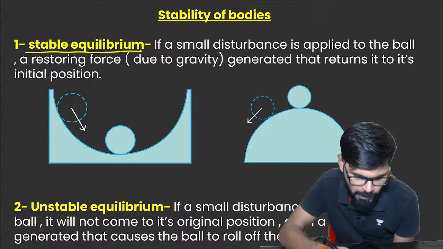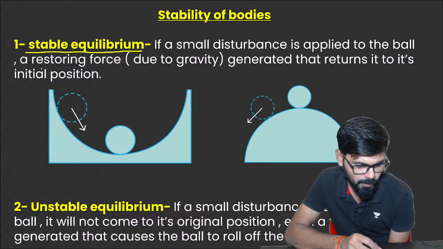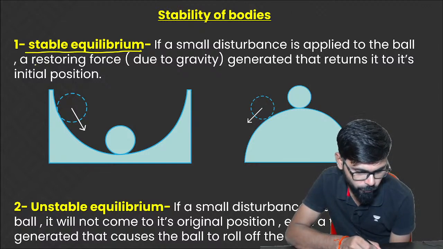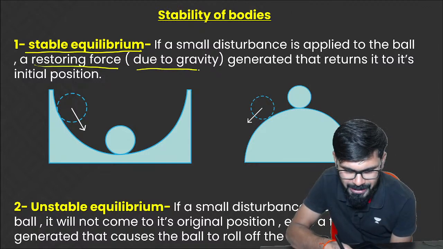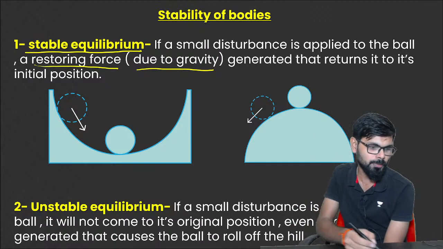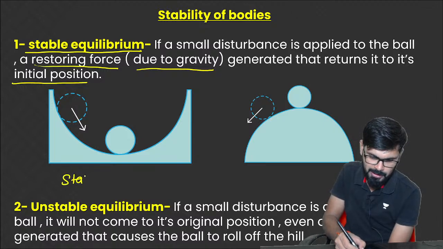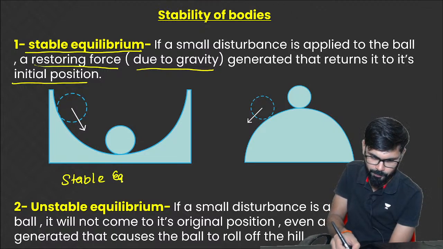You can take it. If a small disturbance is applied to the ball, right, a restoring force due to gravity is generated that returns it to its initial position. This is called as what? Stable equilibrium.